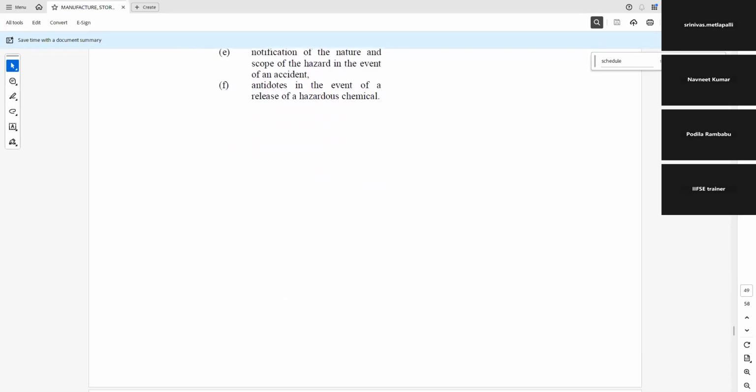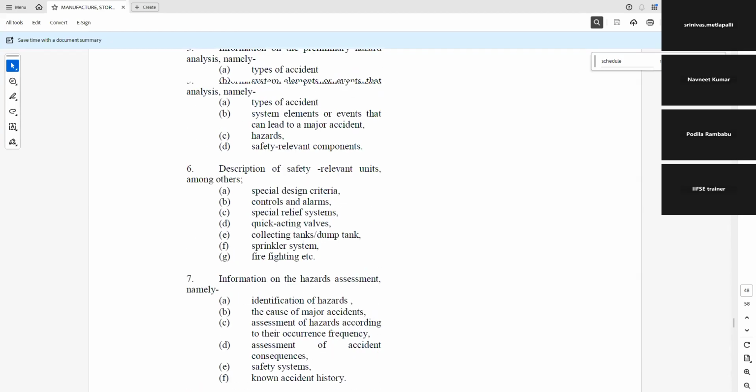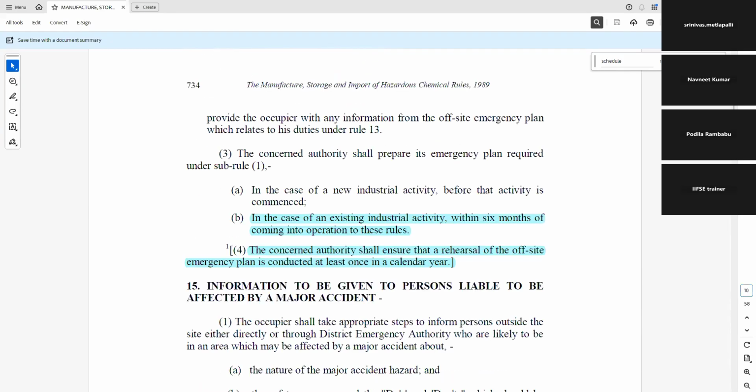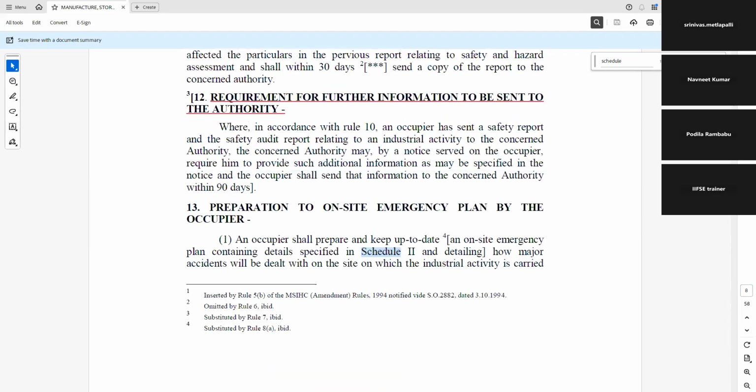Apart from that, they will give a recommendation as well. That is the safety report.